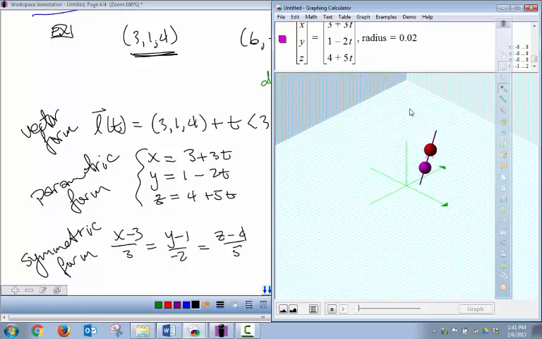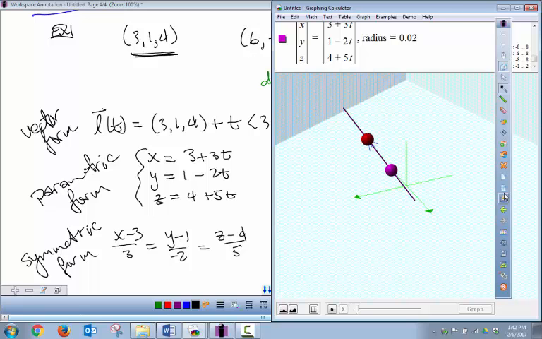So you see that it actually does go through those 2 points. And we use that vector to help us create it. That's a cool picture. Take a picture of it.